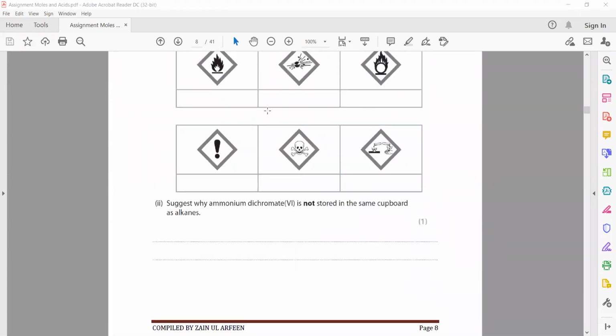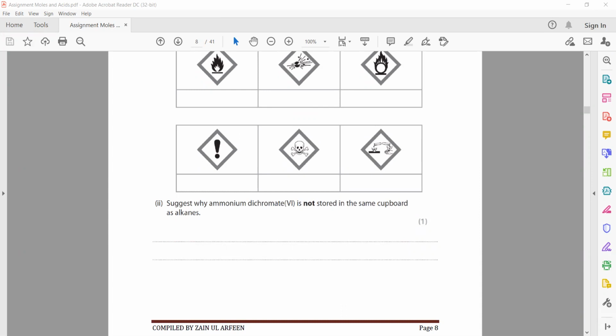Suggest why ammonium dichromate is not stored in the same cupboard as alkanes. As I already mentioned, it can cause the combustion of flammable substances, because it is an oxidizing agent. It can help or promote burning of alkanes.